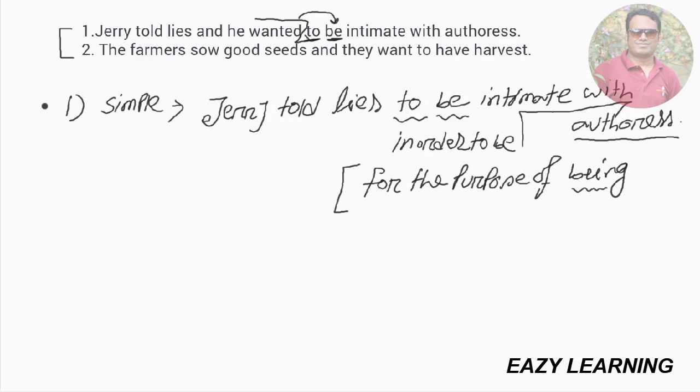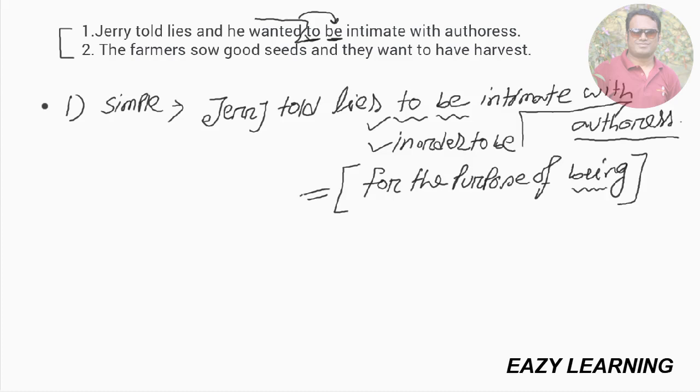I think this is hard to remember because sometimes you can forget to write -ing. So this is not suitable for you, but if you want to change to a simple sentence, you can write "to" or "in order to." So dear students, Jerry told lies and he wanted to be intimate with authors.